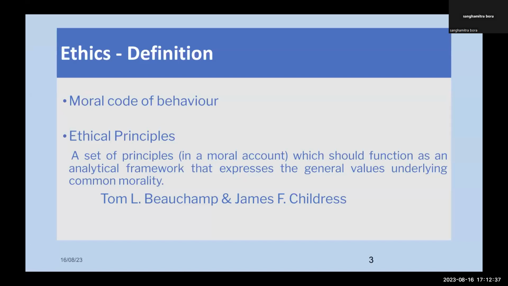You need to follow certain ethical principles, certain work principles which will govern your behavior and your ultimate decisions that you will take while providing your service.